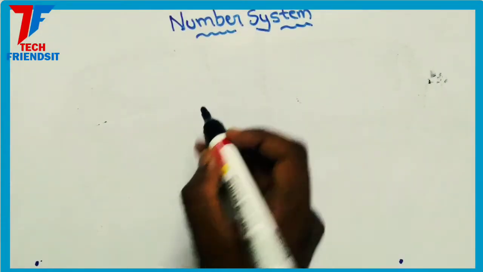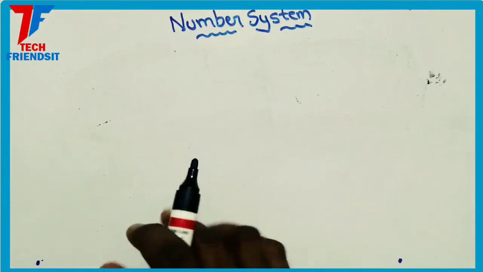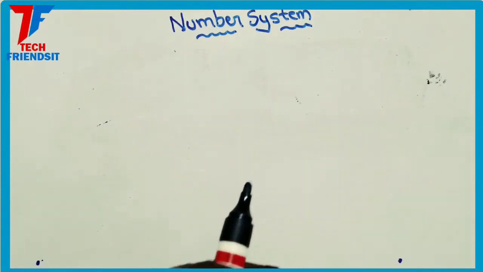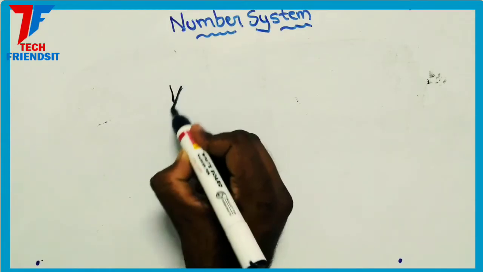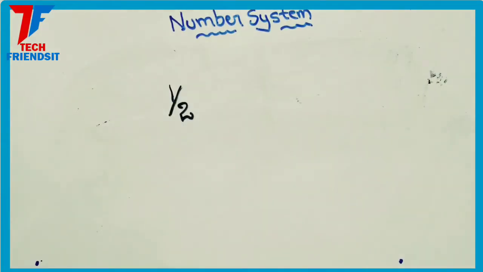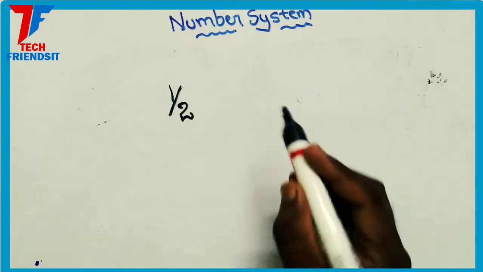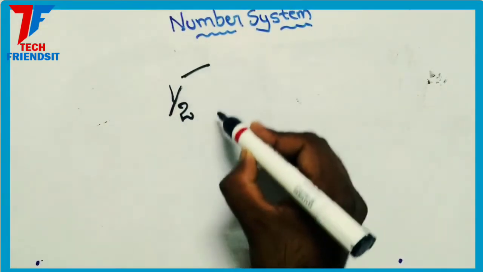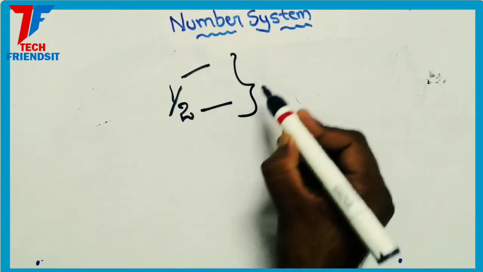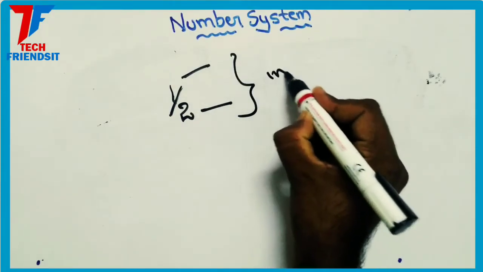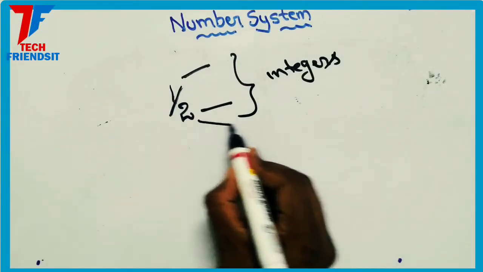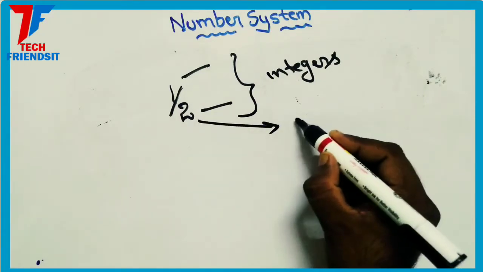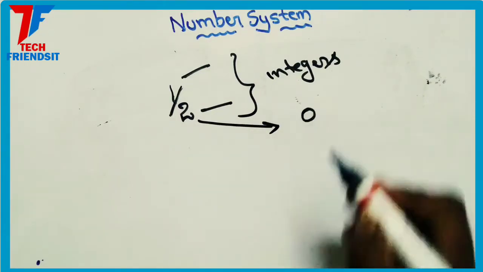Any number written in fractional form where the numerator and the denominator are both integers and the denominator is not 0 is called a rational number. Let's say 1 by 2. So what is a rational number? Both numerator and denominator should be integers and the denominator should not be 0.